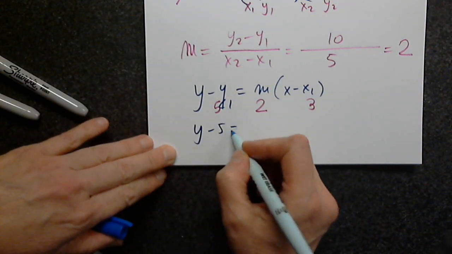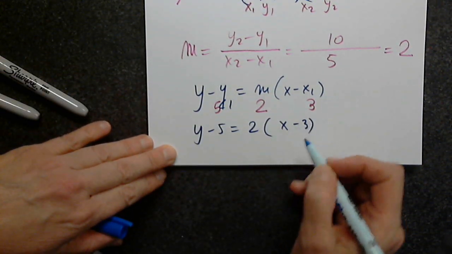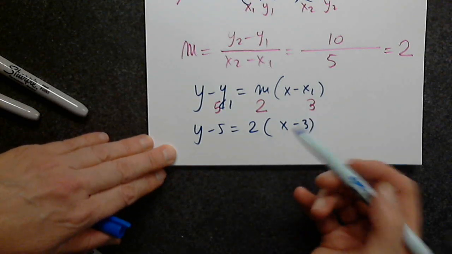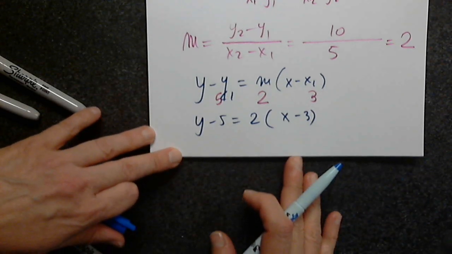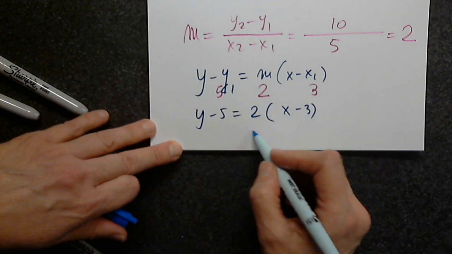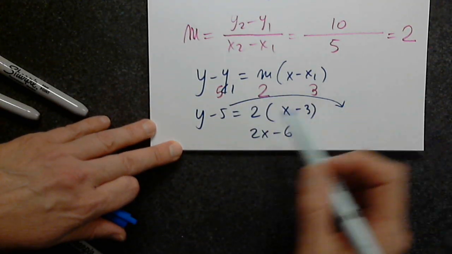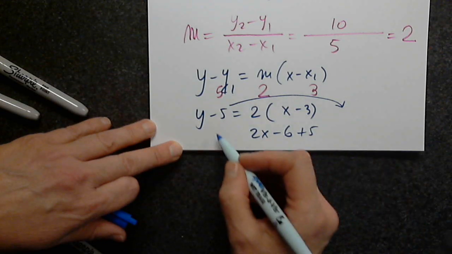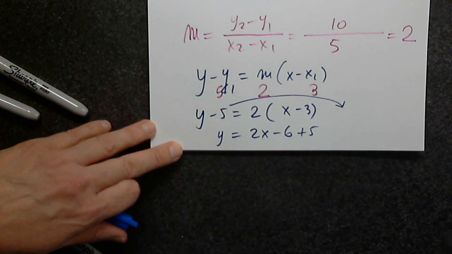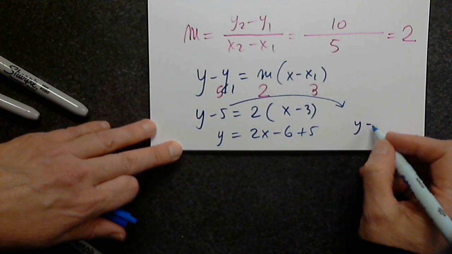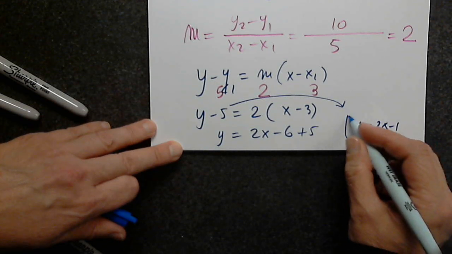So this is y minus 5 equals 2 times x minus 3. Especially when they are negative, then I will write directly with the correct sign. I have to distribute 2, so I get 2x minus 6. And I have to bring the 5. It was negative, and now it's positive. I have to solve for y at all times. So y equals 2x minus 1.